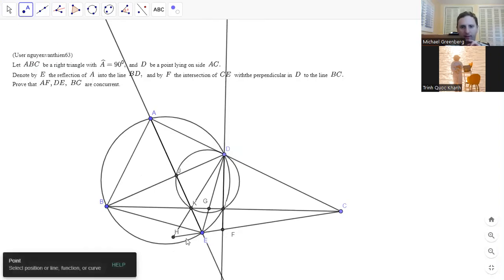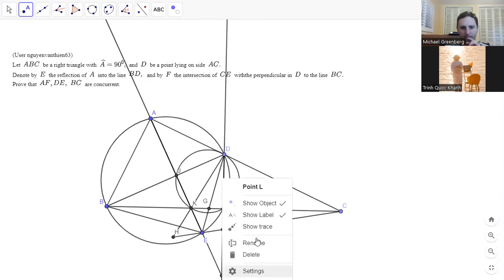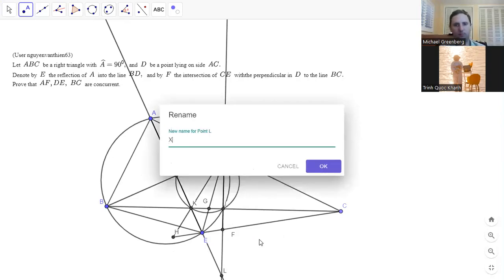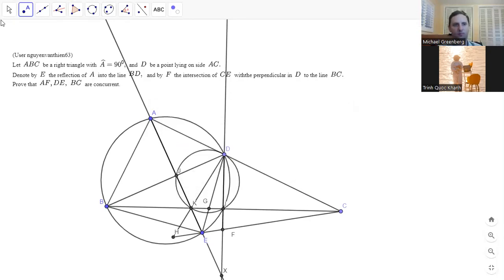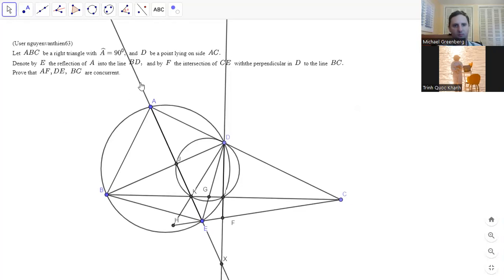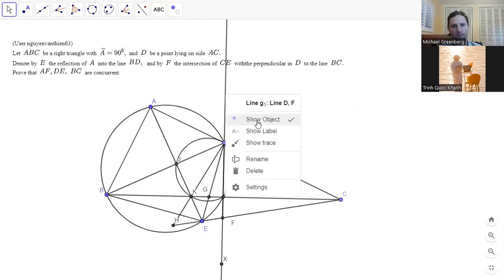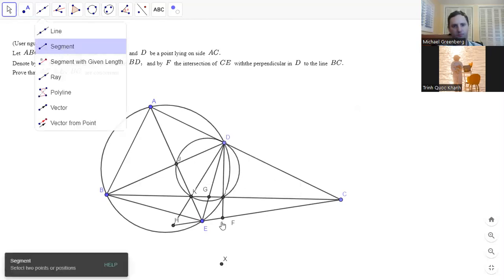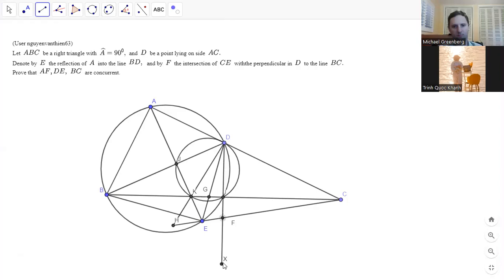So that's point X. And then let's see if we can project through something.